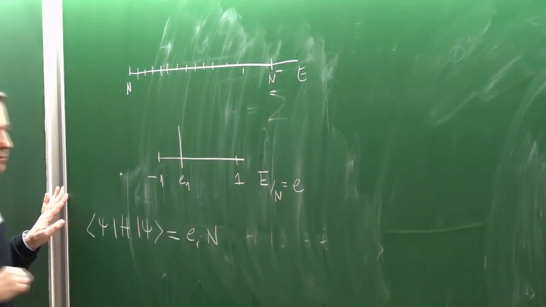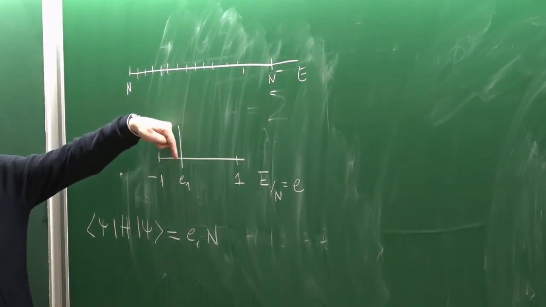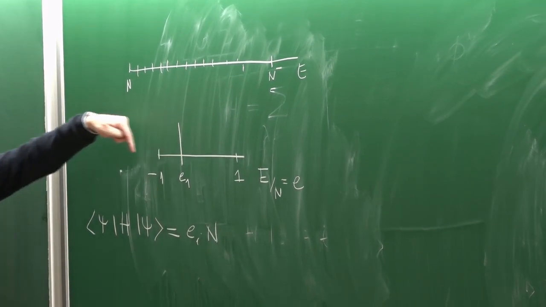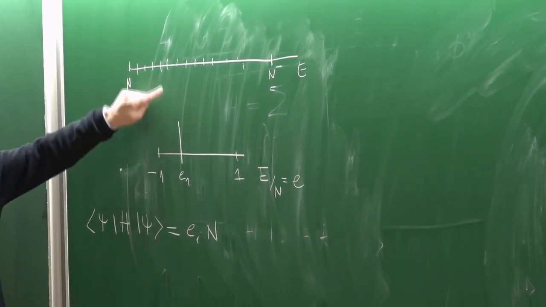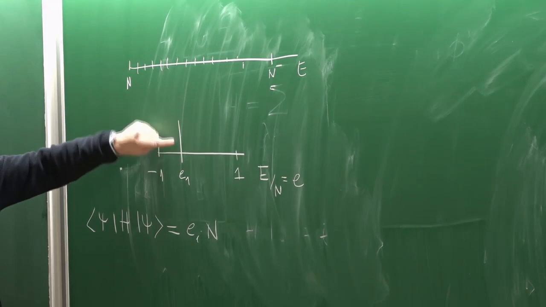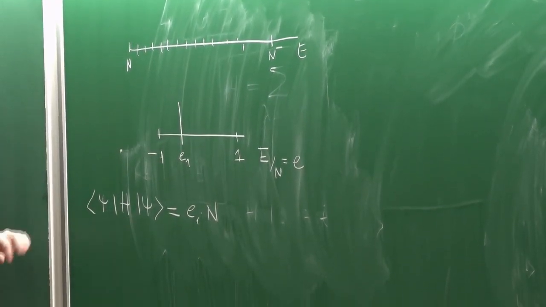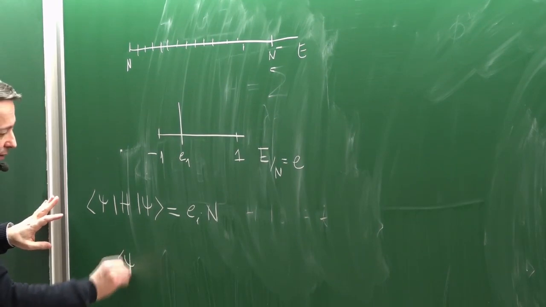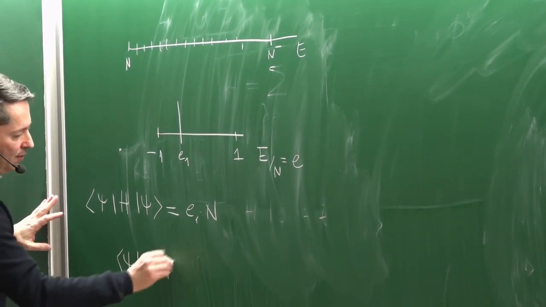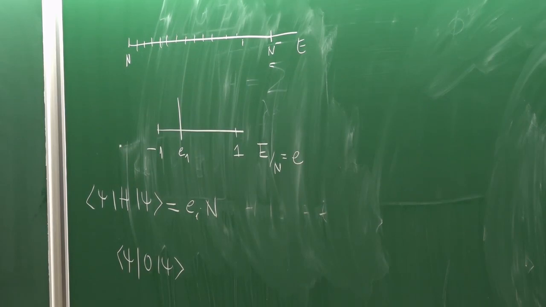So I fix this energy density, and I would like the energy of my system to correspond to this energy density. That's the first condition. And I would like now to compute expectation values with this state with a prescribed error epsilon.